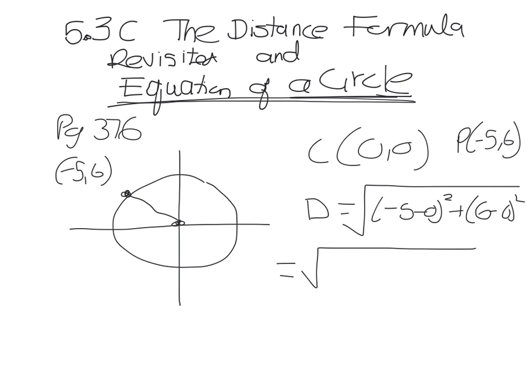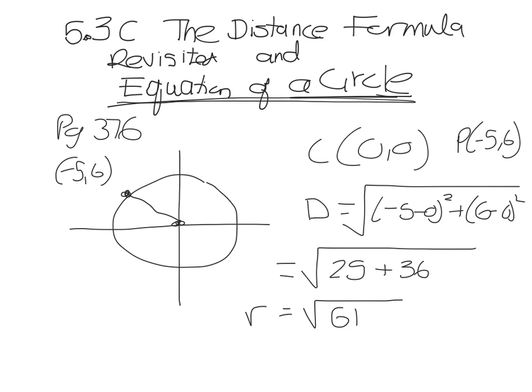So that would just be -5 squared, 25, plus 6 squared, 36, which would be 61. And I believe that is prime. So radical 61 is going to be my radius.